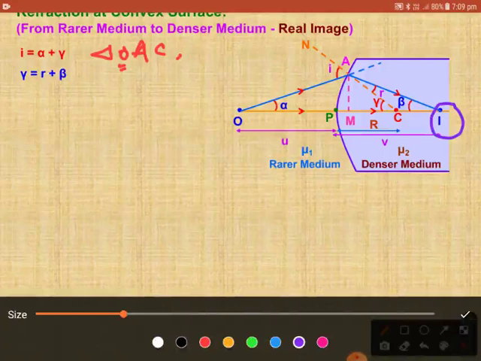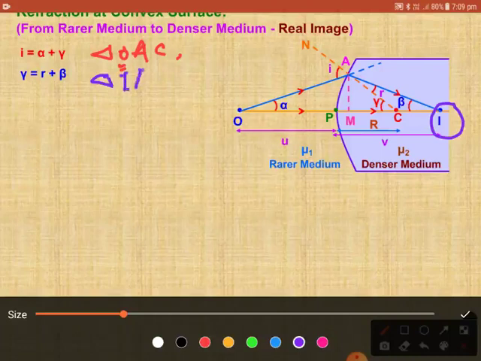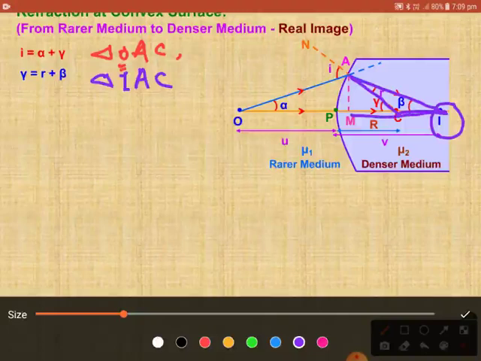So it will be triangle IAC. So in that triangle IAC, this triangle, gamma will be the exterior angle for this triangle. So your gamma will be equal to r plus beta, the interior opposite angles here and here.